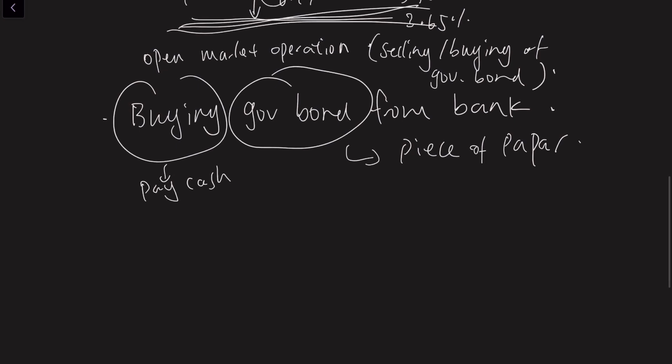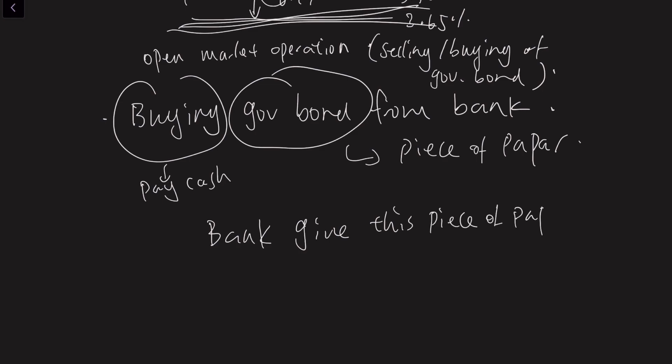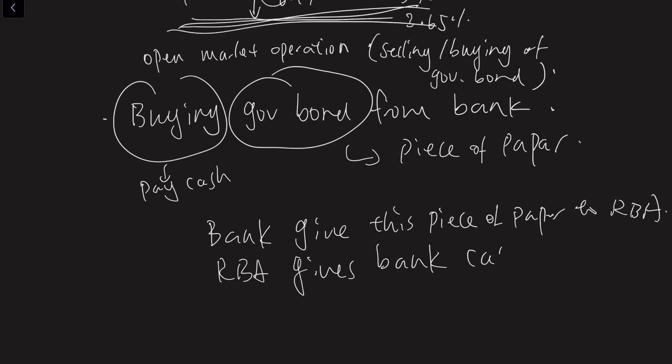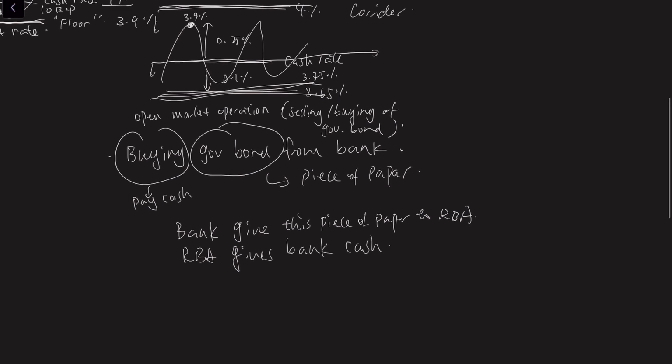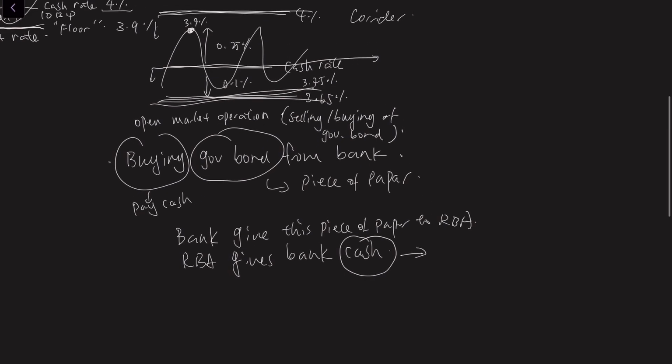So when you buy a government bond from the bank, the bank gives this piece of paper to the RBA, and the RBA gives the bank cash. And this cash needs to go somewhere. So the banks need to deposit this cash to other banks.